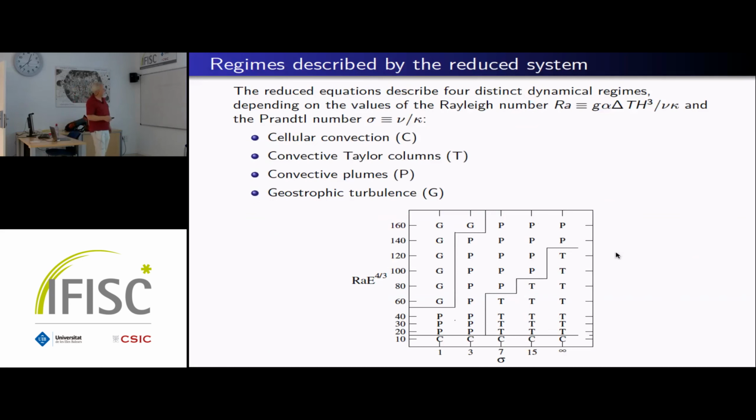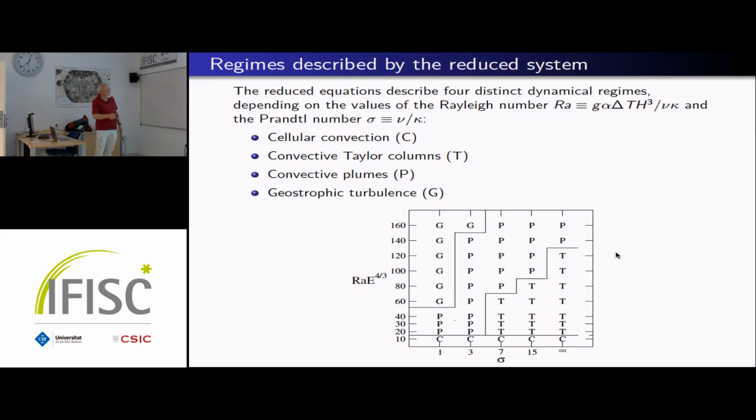So what do we see when we integrate these equations? Well, here is that combination of Rayleigh and Ekman that we identified in the theory, as a function of the Prandtl number, sigma. And we see that in this region, when you're not forcing strongly, you have cellular convection, kind of the classical convection. But as you increase the forcing, you get this region of Taylor columns you saw in the experiments by Sakai that I showed you.